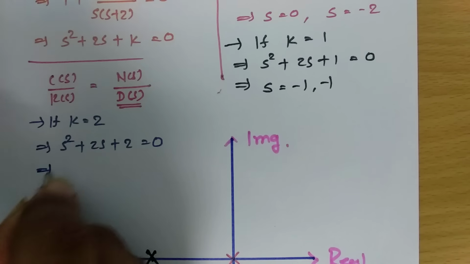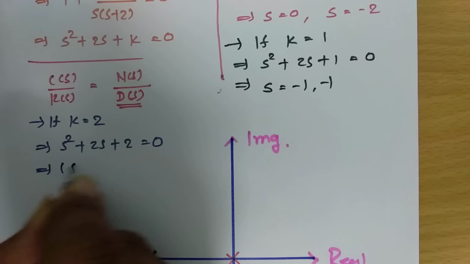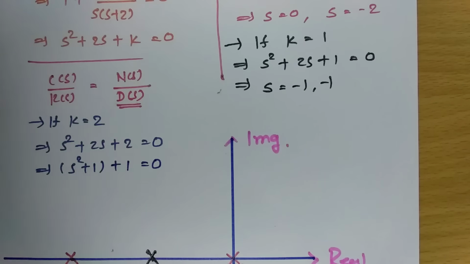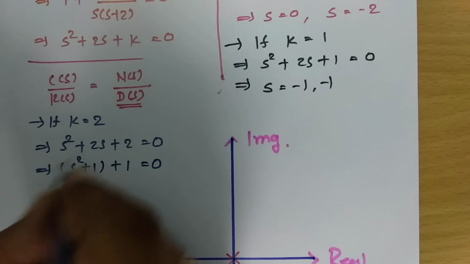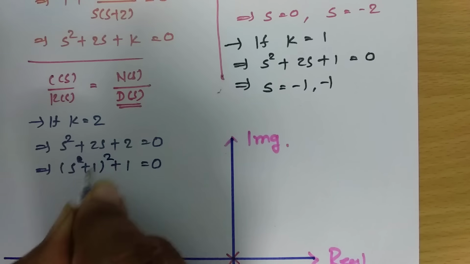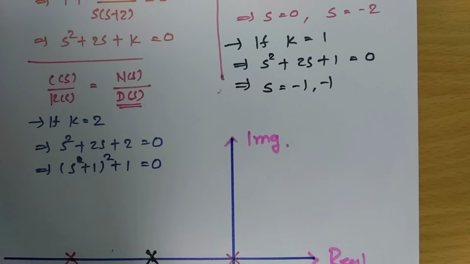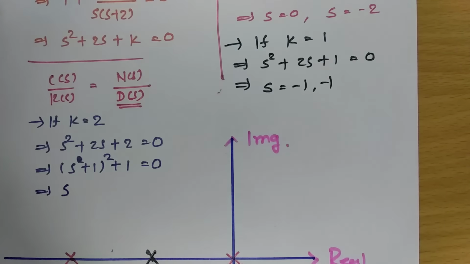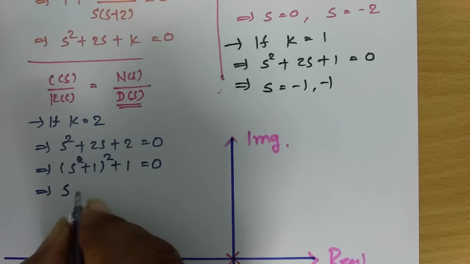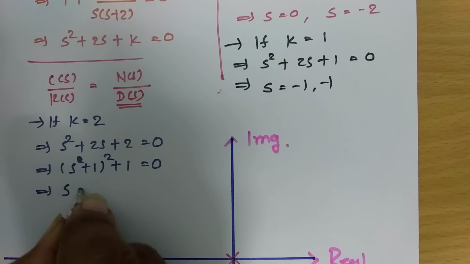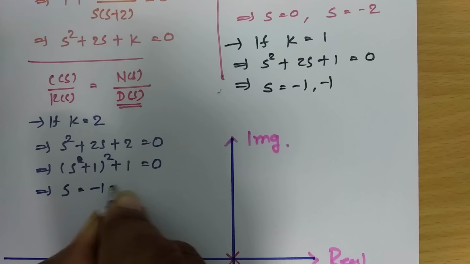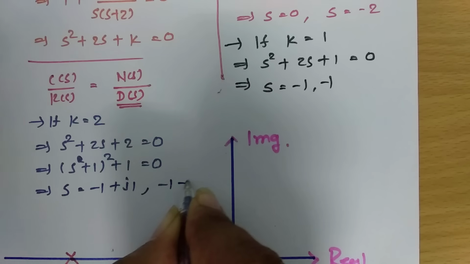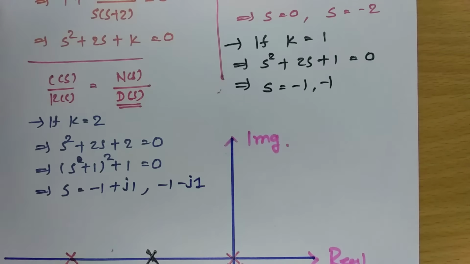So s has two roots: one is s = -1 + j1, and the second root is -1 - j1.